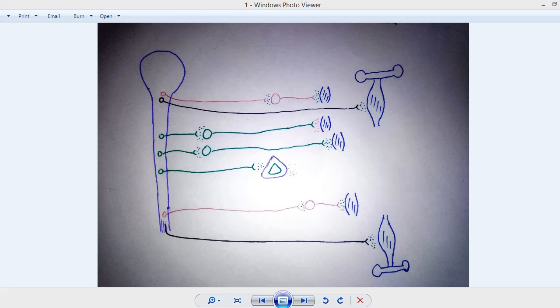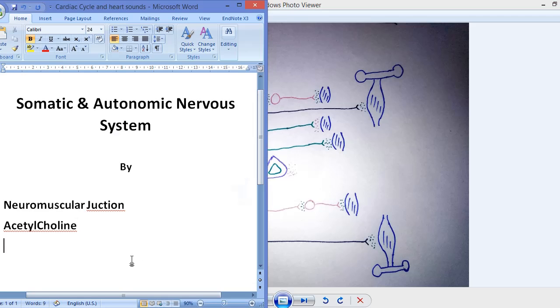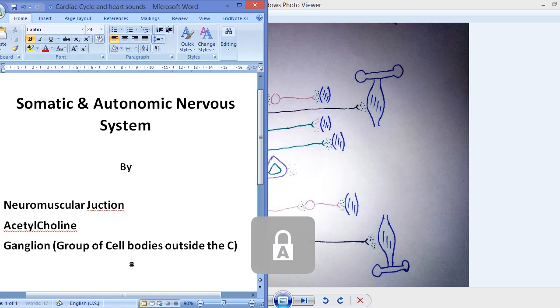Ganglion means a cluster of cell bodies. You should be aware of this word. Ganglion means a group of cell bodies outside the central nervous system, or a group of cell bodies in the peripheral nervous system.